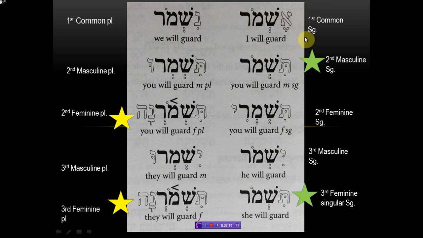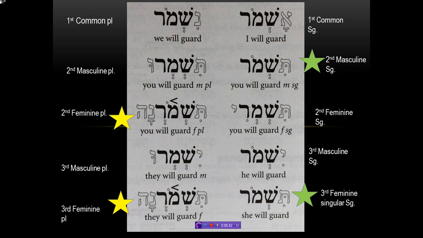So let's look at these one at a time. We've already looked at a couple of these actually in the previous screen. Eshmor, this is the first common singular. Tishmor, this is the second masculine singular. Now you'll notice that star that I have. It's the same color as the one down here, these two green stars. The reason I flagged those two for comment is because they are morphologically identical. They look the same. They're both Tishmor.